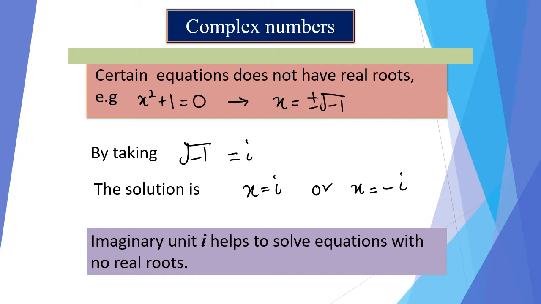This is not a real number. By taking square root of -1 equal to i, we can say that the solution is x equal to i or x equal to -i. So this imaginary unit i helps to solve equations with no real roots.